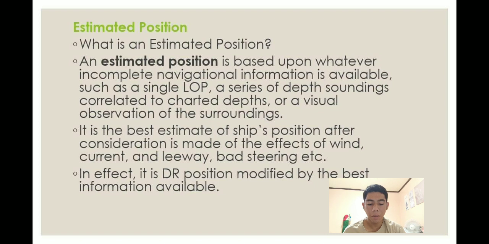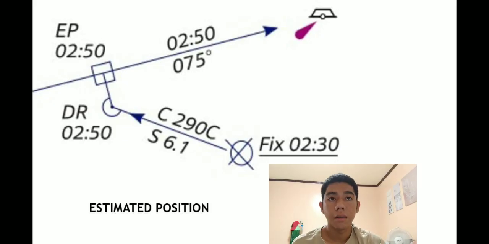It is the best estimate of ship position after consideration is made of the effect of wind, current, heavy weather, bad steering, etc. In effect, it is the DR position modified by the best information available. This is the example of an estimated position.